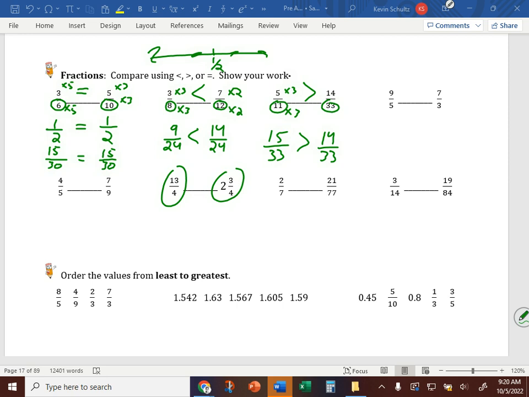Questions, comments, concerns, complaints, compliments, congratulations, or criticisms for PO7? None at all. Homework tomorrow is the entire objective, okay? The integers that we have left, the decimals we have left, and the fractions we've got left. You need to be able to defend your answer, okay?